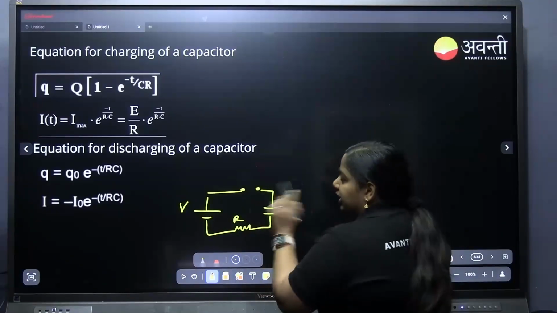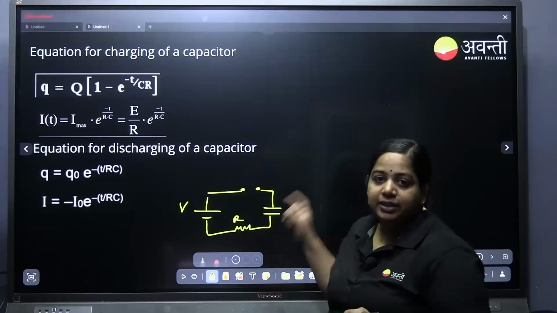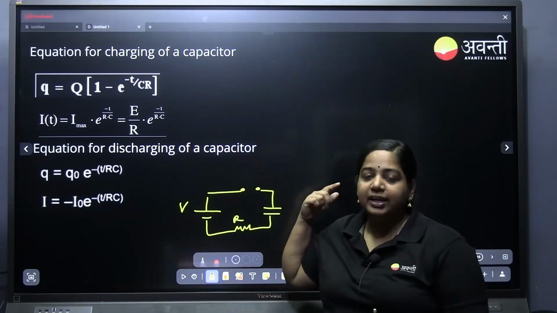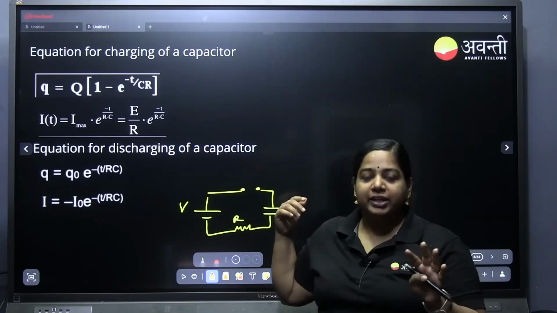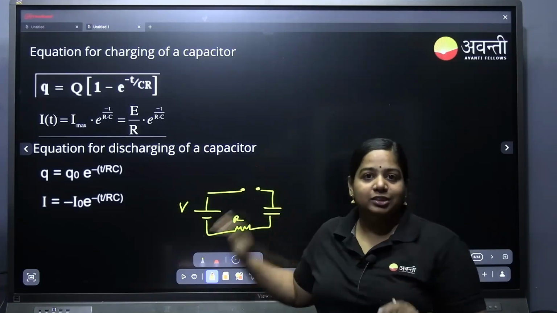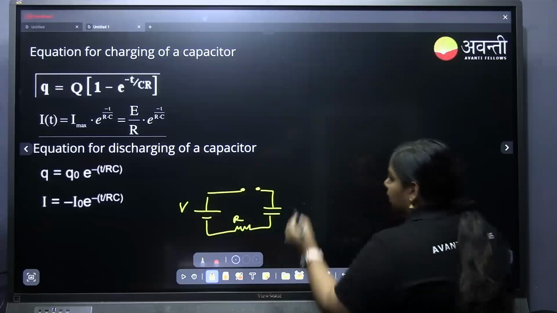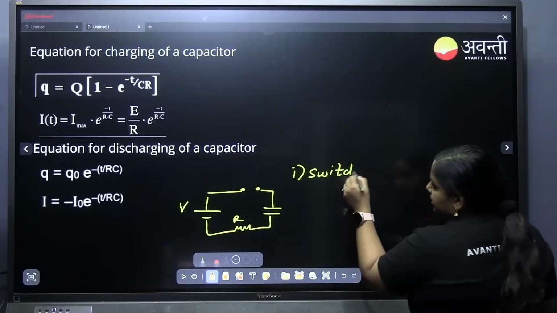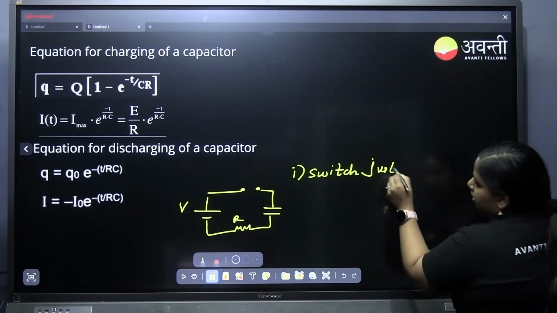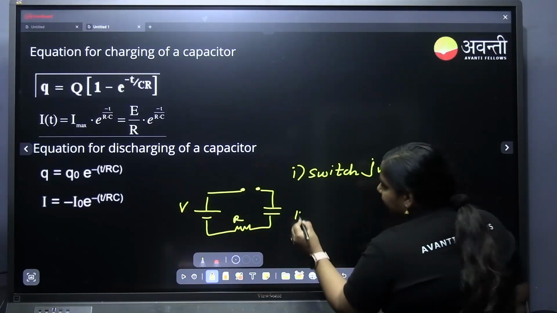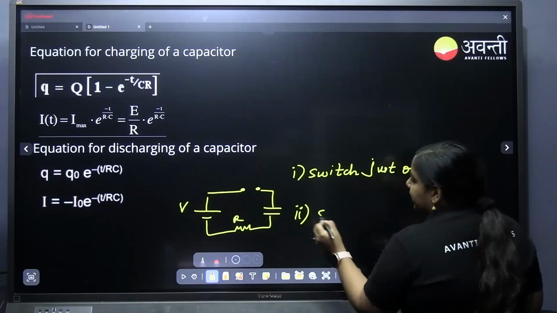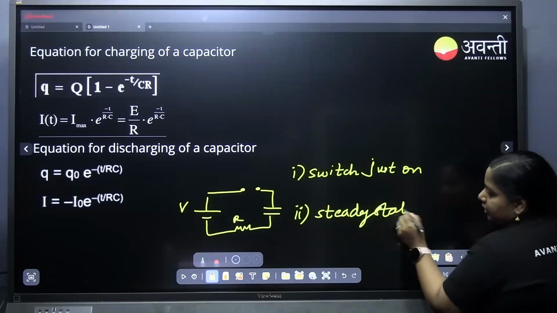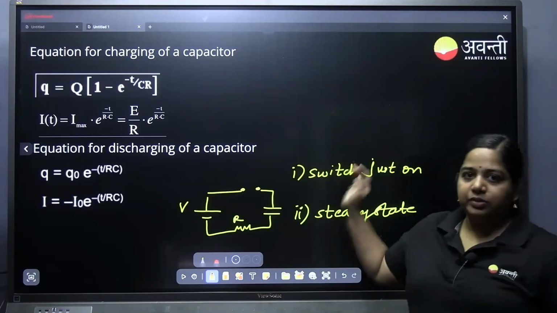Now there are two cases for a capacitor with a DC source. You will study capacitors again in AC current, where the application is different. In DC source there are two cases: first case, switch just on, and second case, steady state.